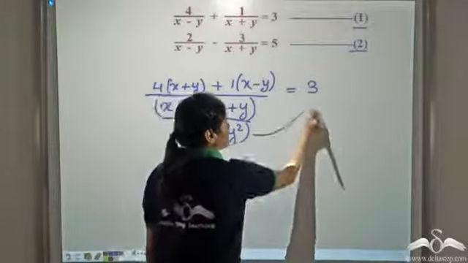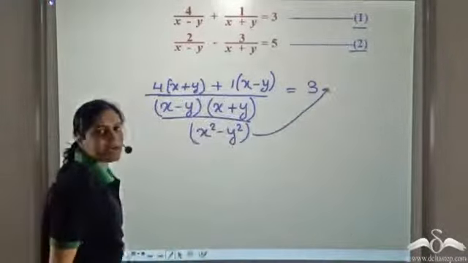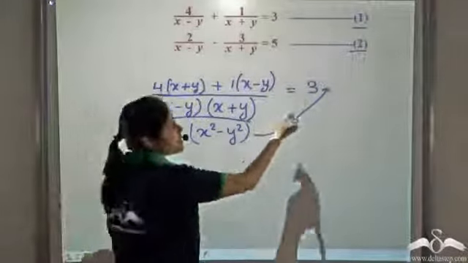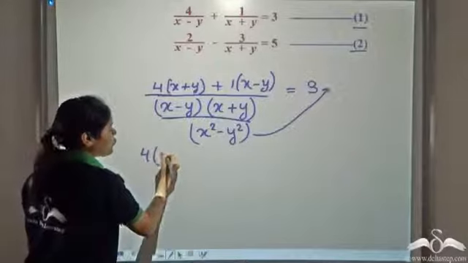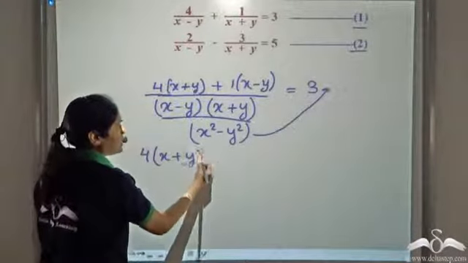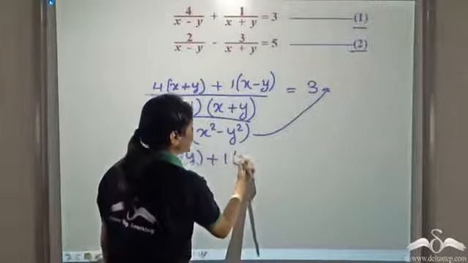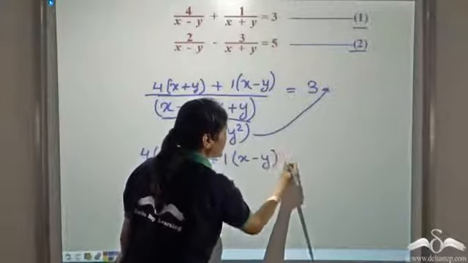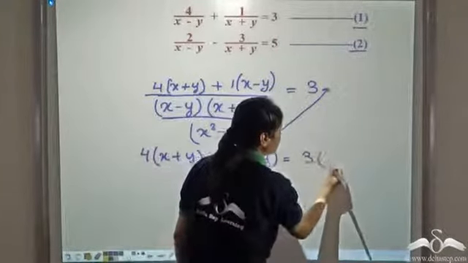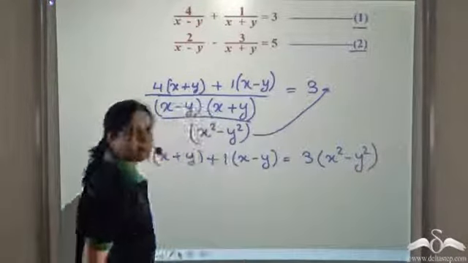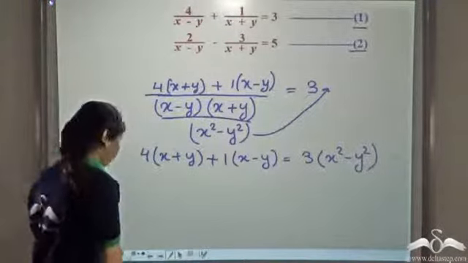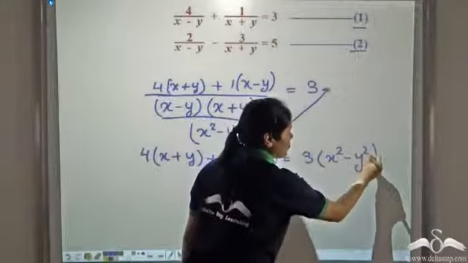We need to transpose it to the right hand side. If we transpose it, we will have 4 into x plus y plus 1 into x minus y is equal to 3 into x square minus y square. So we have an x square term and a y square term.